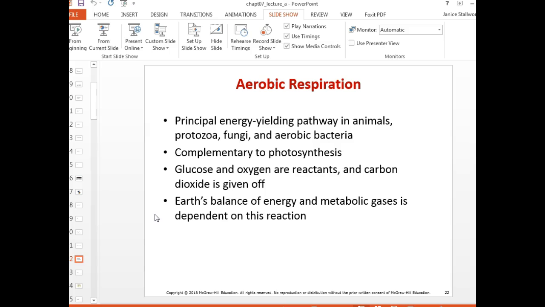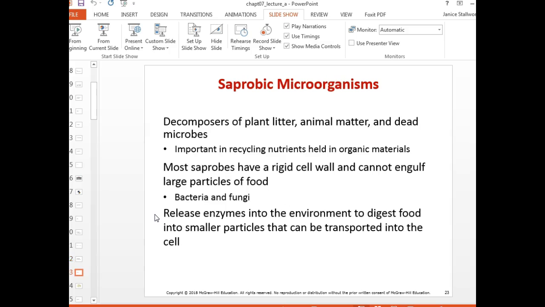Aerobic means in the presence of oxygen. It's complementary to photosynthesis. Glucose and oxygen are reactants, and carbon dioxide is given off. The Earth's balance of energy and metabolic gases is dependent upon this reaction.